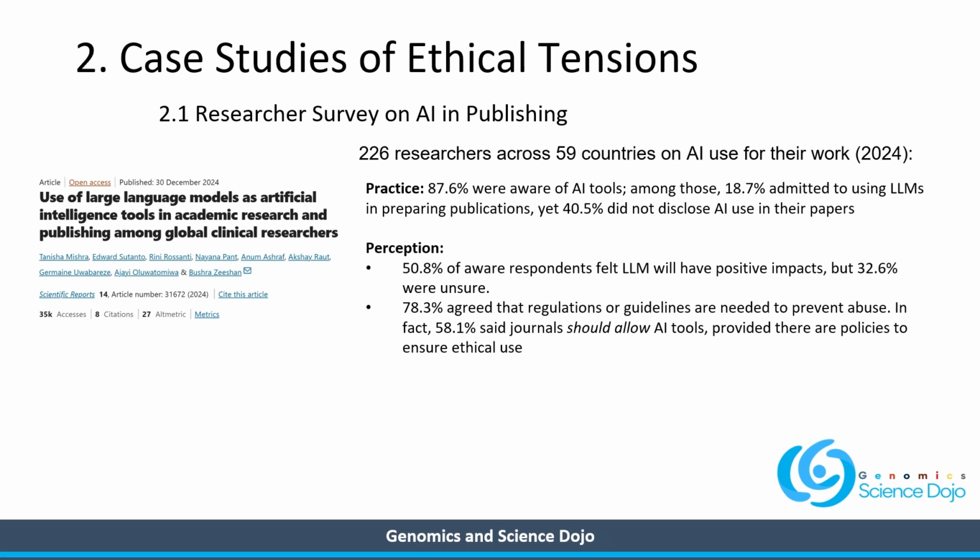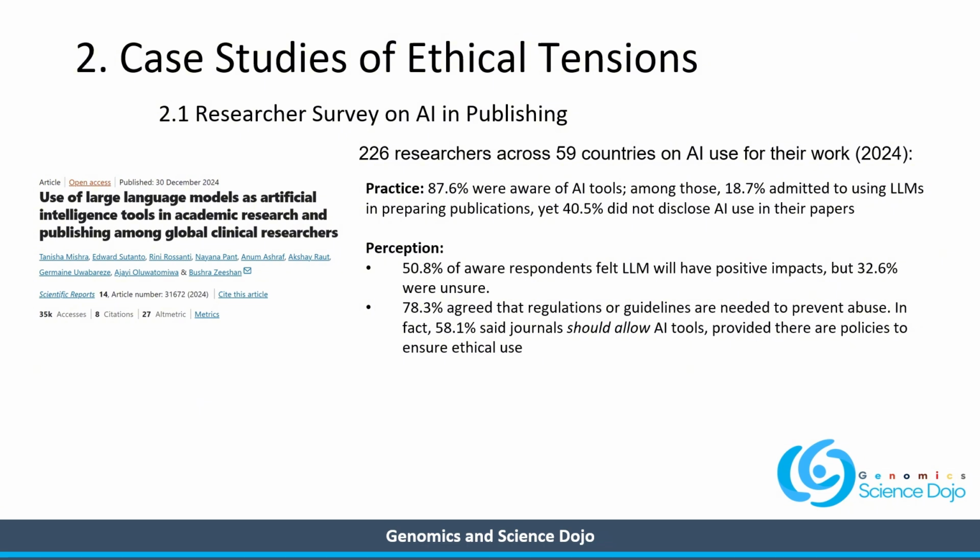In terms of practice, 87.6% were already aware of AI tools by that time, and among those, 18.7% admitted to using AI in preparing publications, yet 40% did not disclose AI use in their papers. In terms of perceptions, more than half felt that generative AI may have positive impacts, but around one third are unsure.